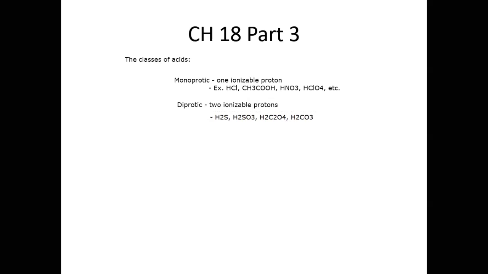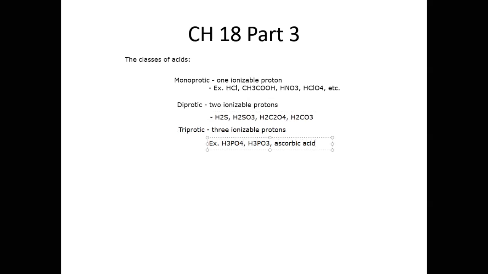And then the last group is triprotic. Triprotic means three ionizable protons. Not many of these. We have, for example, the most common, phosphoric acid, phosphorus acid, and ascorbic acid, vitamin C, which I don't know the formula right off the top of my head.